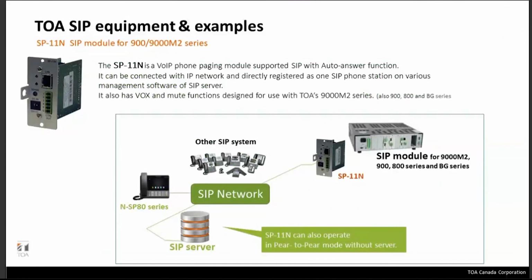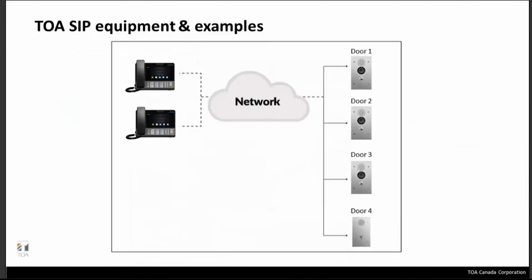In this one, we give you another option: not only the SIP environment with NSP80 and SP11, but if you have another SIP system that coexists with your SIP environment, our system can work without any compatibility issue. That works very well, and our system can work in peer-to-peer mode or with the SIP environment.